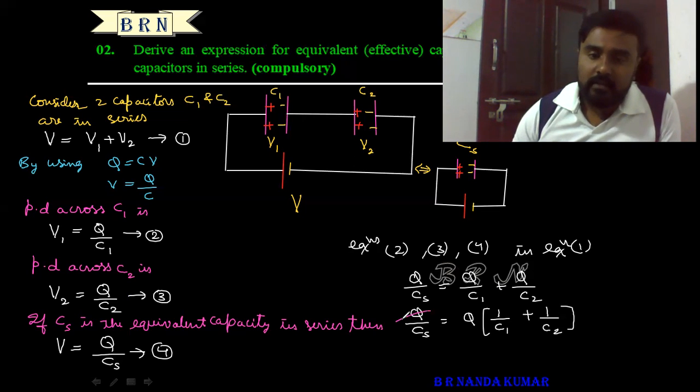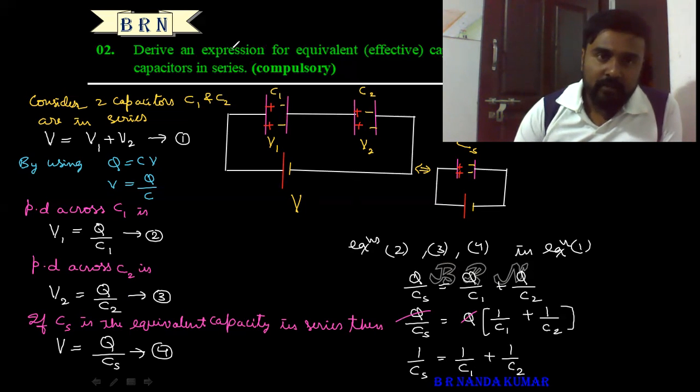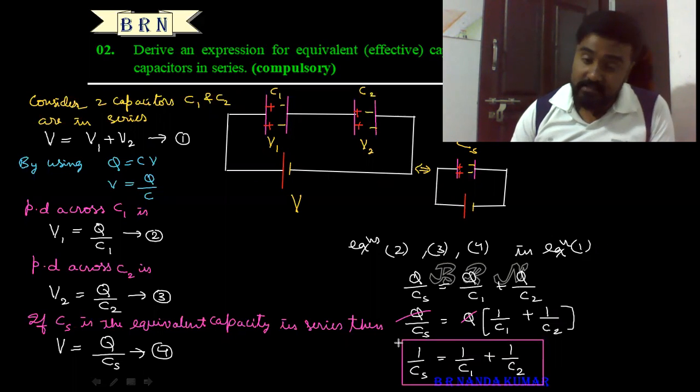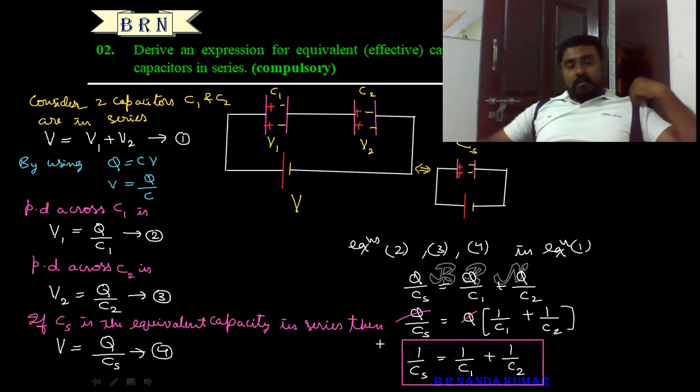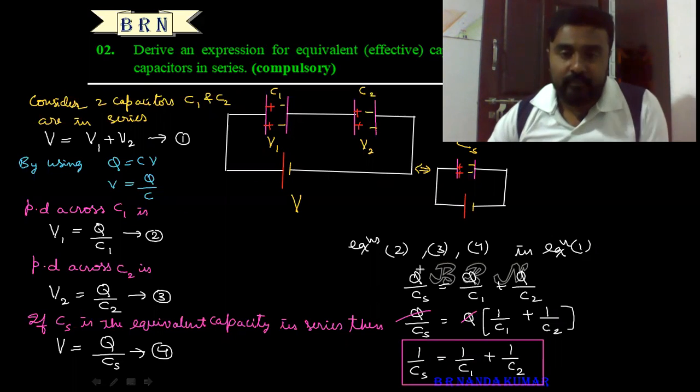Here Q cancels, so 1 by Cs is equal to 1 by C1 plus 1 by C2. The reciprocal of the equivalent capacity in series is equal to the sum of reciprocals of the individual capacitances. So this is the very important 5-mark derivation.